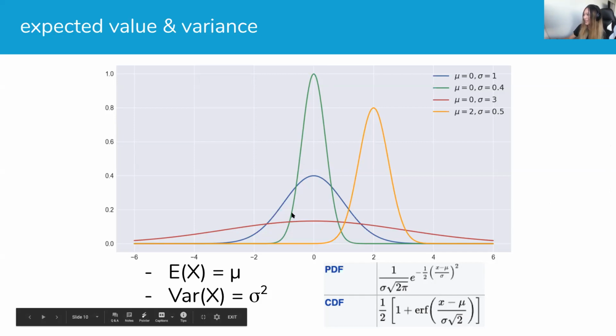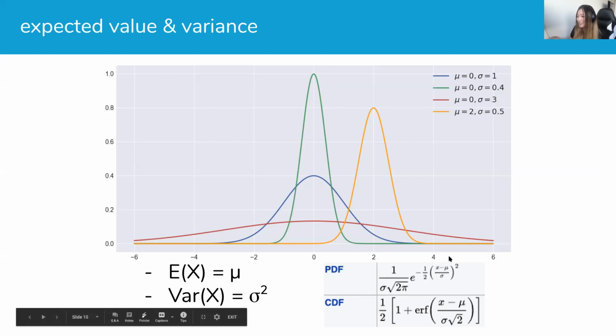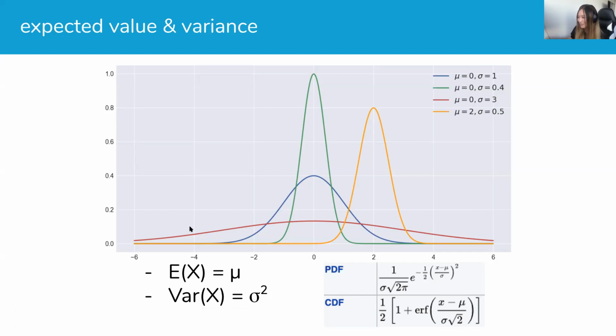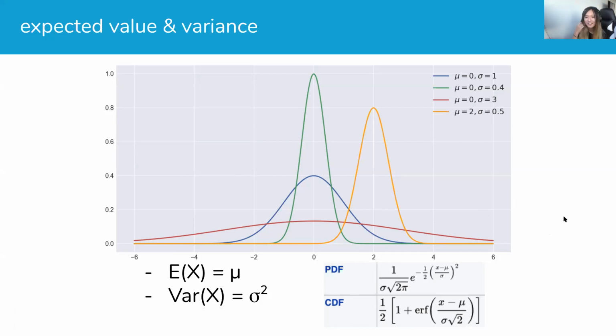If you were to plug in different values of mu and sigma, which is the typical notation for standard deviation, and plot them on your graphing calculator or something, you will get these lines. And this is just the formula for the CDF, which is also not very important, but good to know that these formulas are out there.